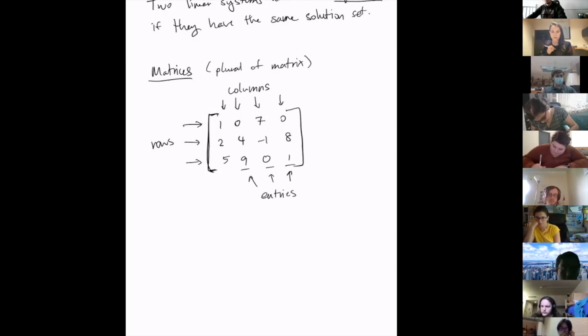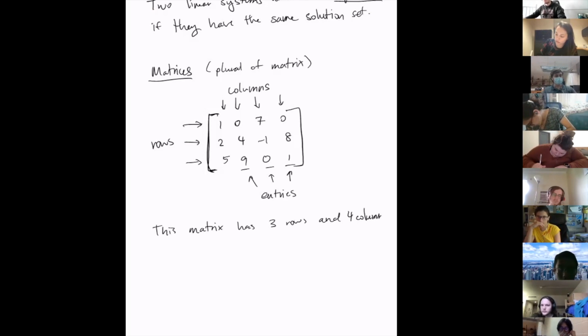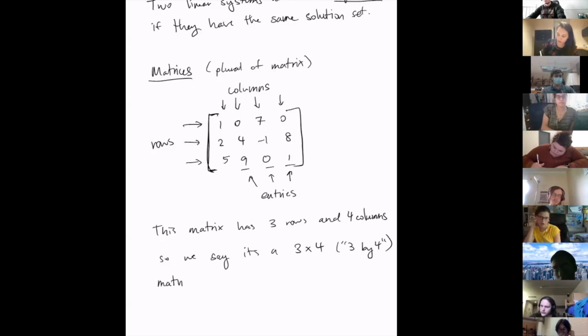This particular matrix has 3 rows and 4 columns, so we say it's a 3 by 4 matrix. You read this as a 3 by 4 matrix, and this is what we call the size of the matrix.